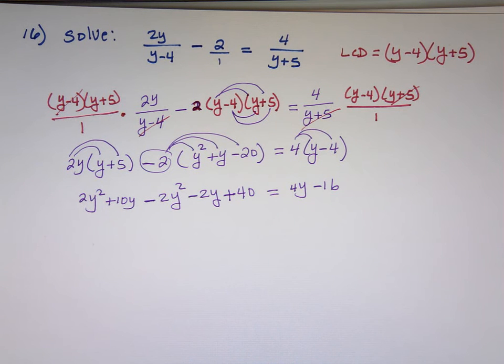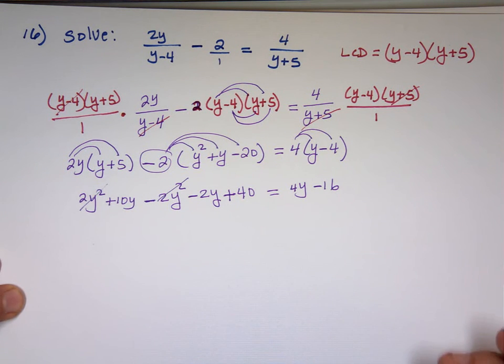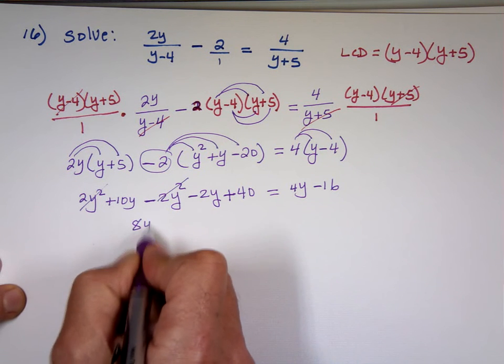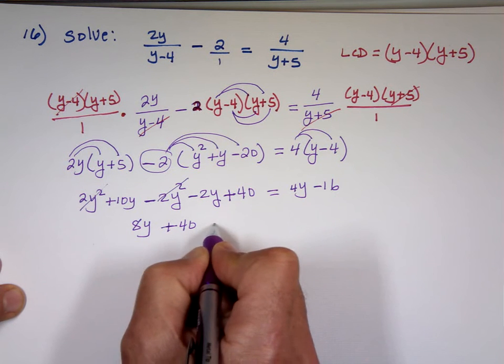Clean it. Perfect. These guys cancel each other out. What's 10y minus 2y? 8y plus 40 equals 4y minus the 16.